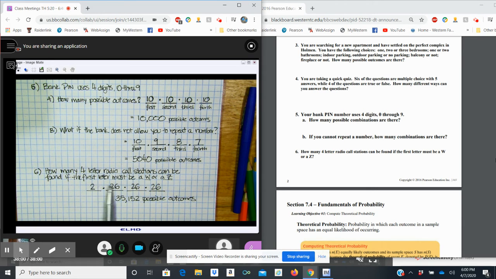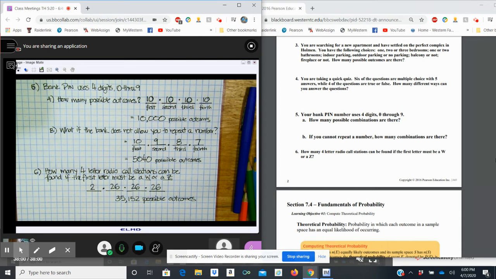The first letter must be a W or a Z. So that gives me 2 outcomes for the first letter. Yep. All the other letters could be any letter of the alphabet. Yes. Okay. All righty. Good.